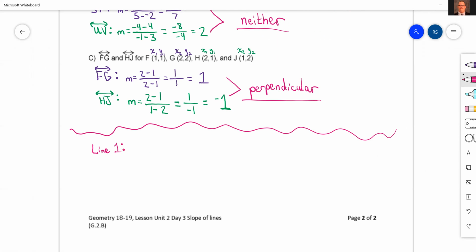Let's say line 1 had a slope of 0, and line 2 had a slope that was undefined. Let's think about what these would look like.